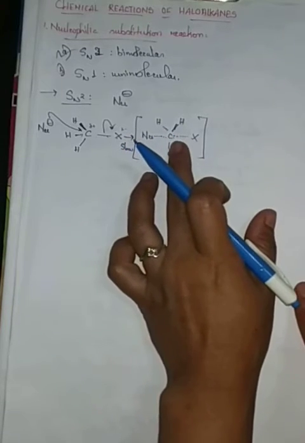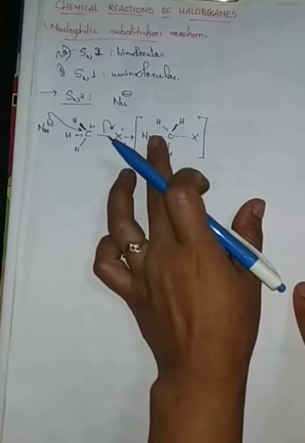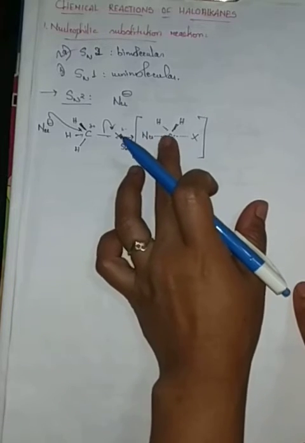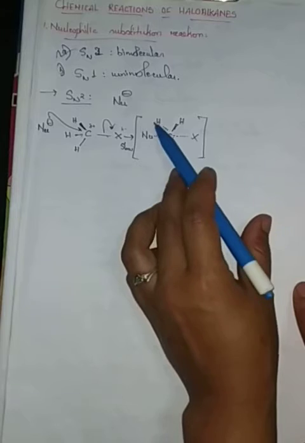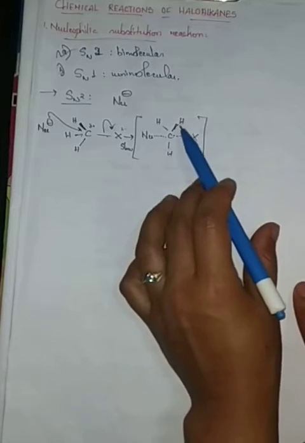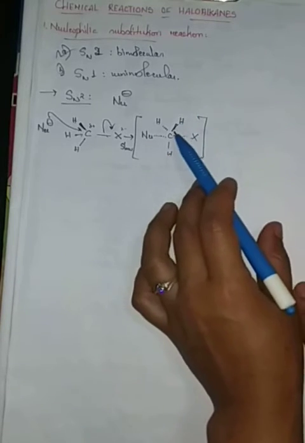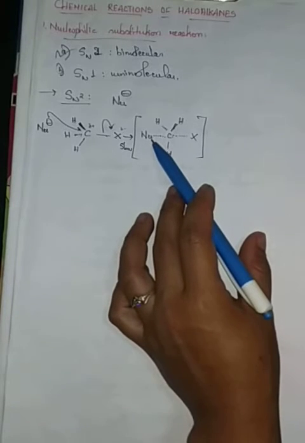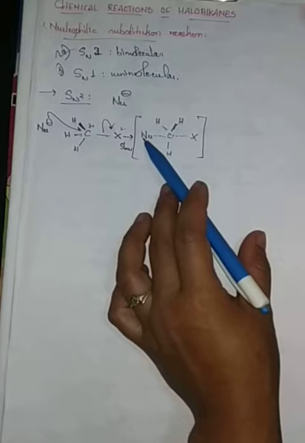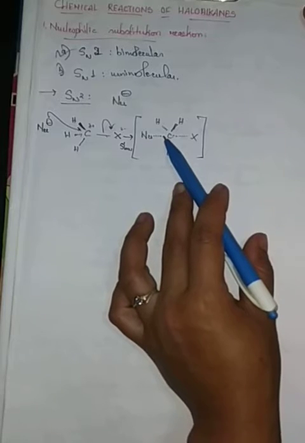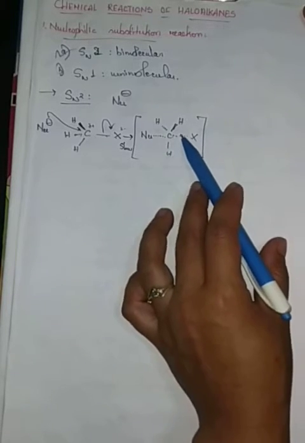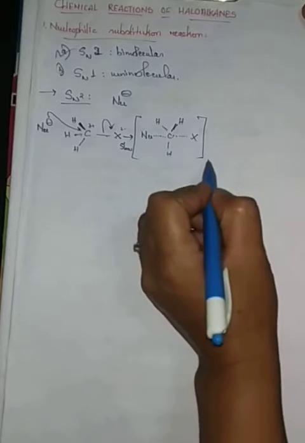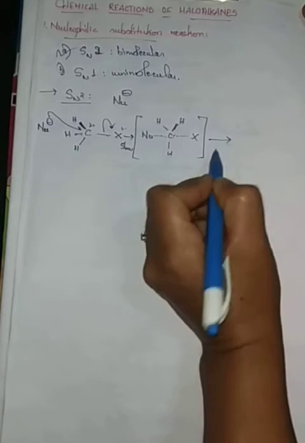Now, as the attacking nucleophile approaches closer and closer to our carbon atom, the three carbon to hydrogen bonds keep on moving in the same direction till the attacking nucleophile attaches strongly to the carbon atom, and the leaving group leaves the carbon atom. As a result, we get an inverted configuration.